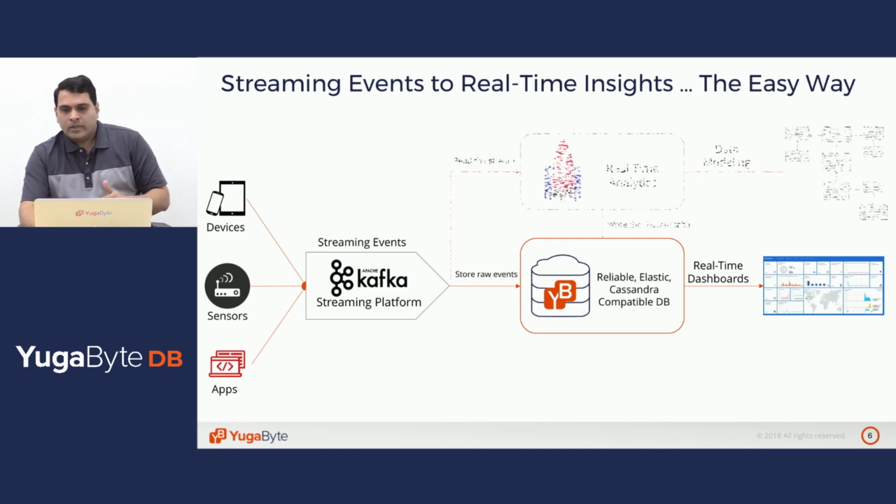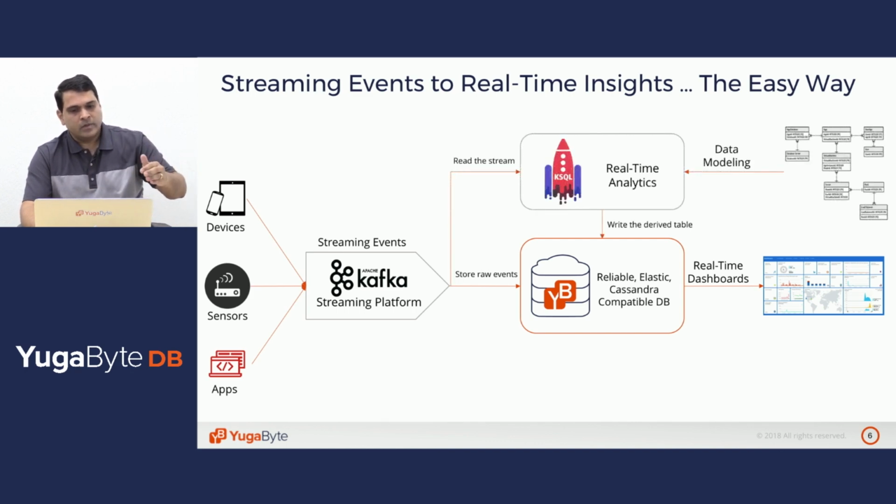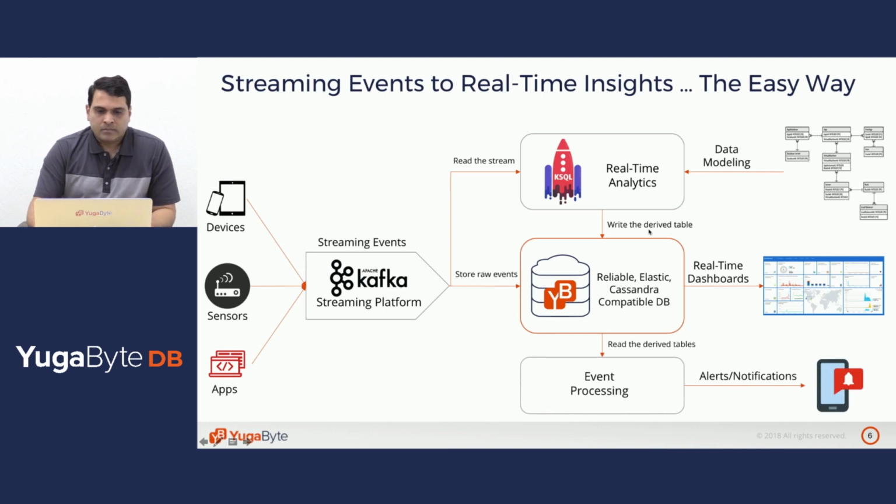So you can store the raw events, you can read the stream as a different consumer into KSQL for real-time analytics, and then do data modeling on top of the real-time analytics so that you can get user consumable data, which is again written back to a derived table in the Yugabyte DB.